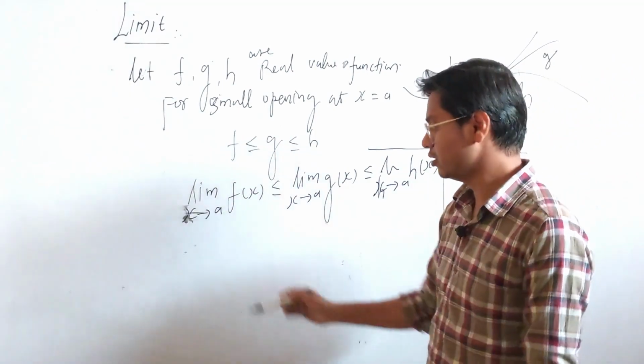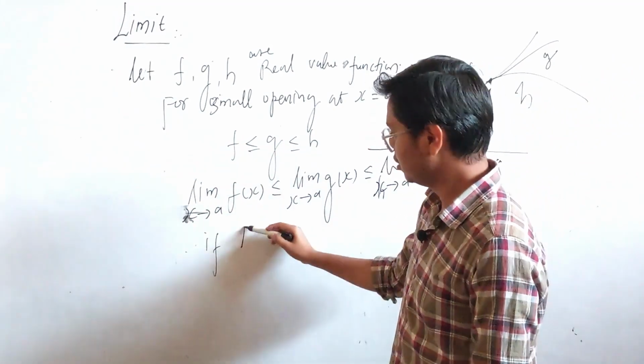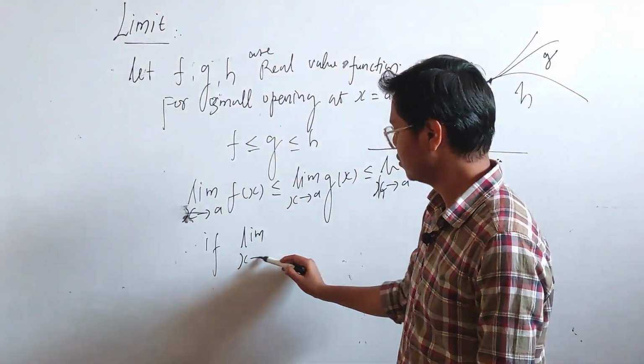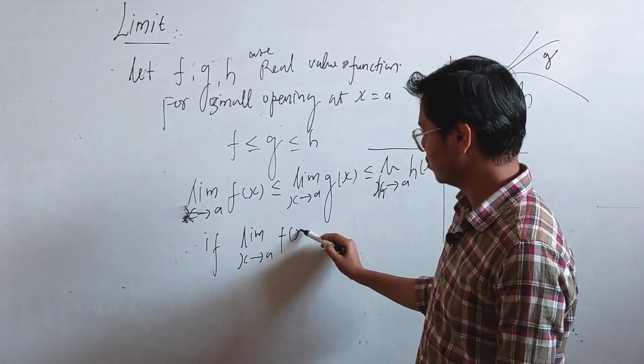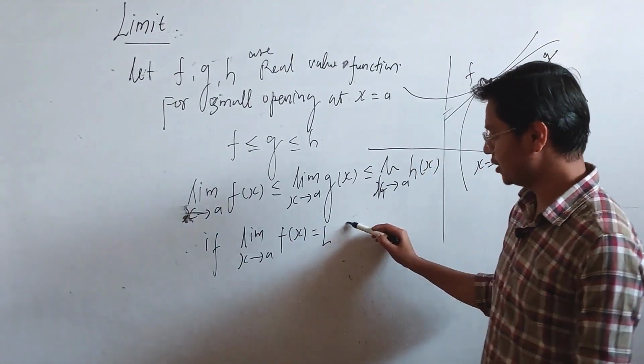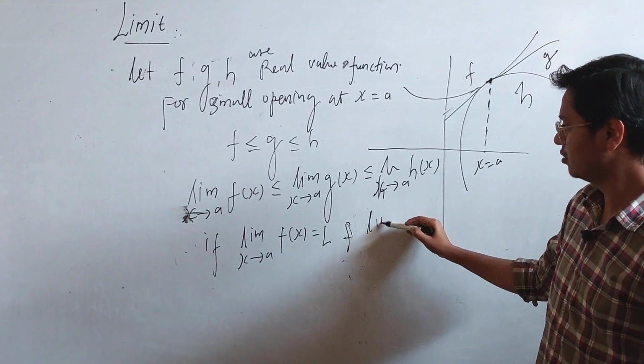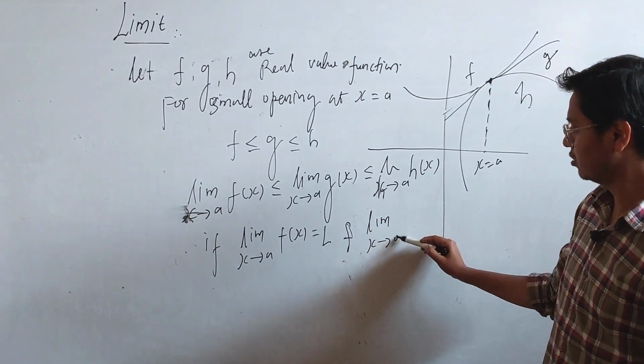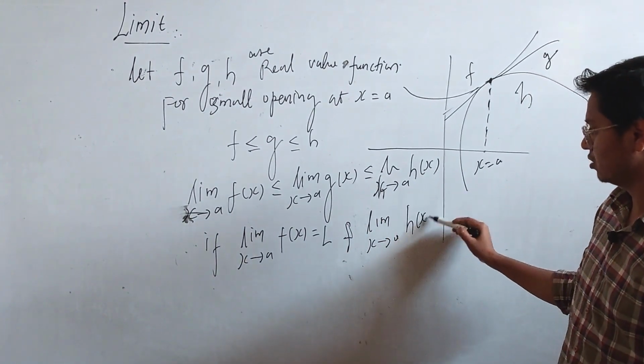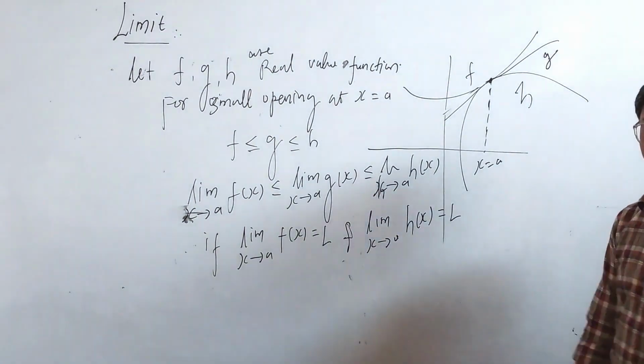In this inequality, if limit x tending to a of fx becomes L, and limit x tending to a of hx becomes L.